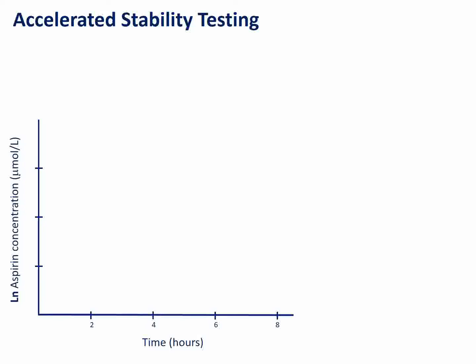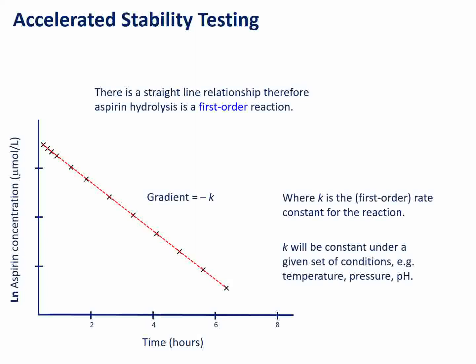But if we were just using something like Microsoft Excel or Google Sheets, then we could just do this automatically. When you take the data on that previous plot and take the natural log, you see that the shape of the graph changes considerably. It's now moved from a curve to what is a very straight line here.